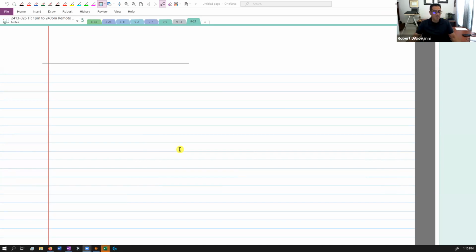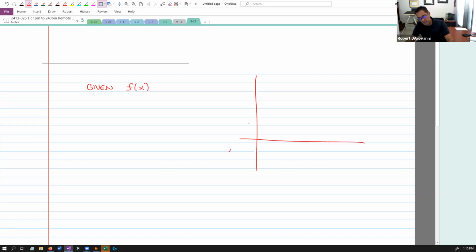Okay, all right, well, let's get down to business. We had started 2.1, and the main concept from 2.1 was that if we're given some function, whatever it looks like, and we pick some arbitrary point A, we can find two things that correlate to this point.